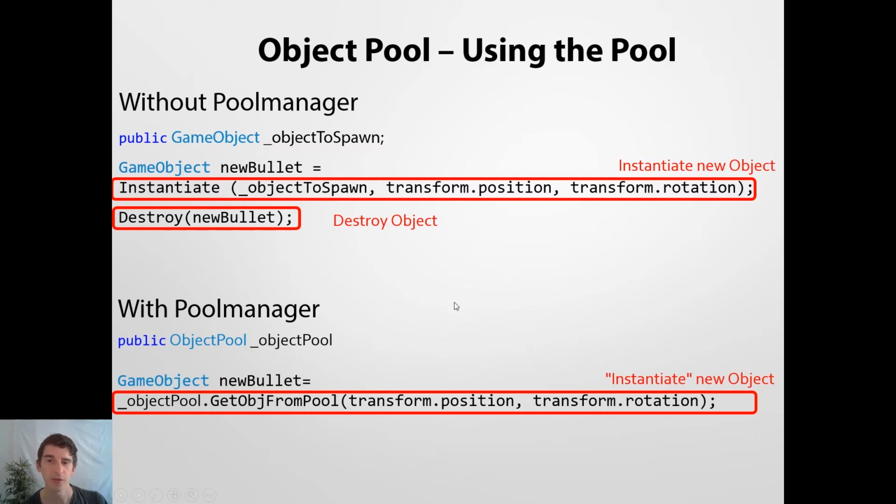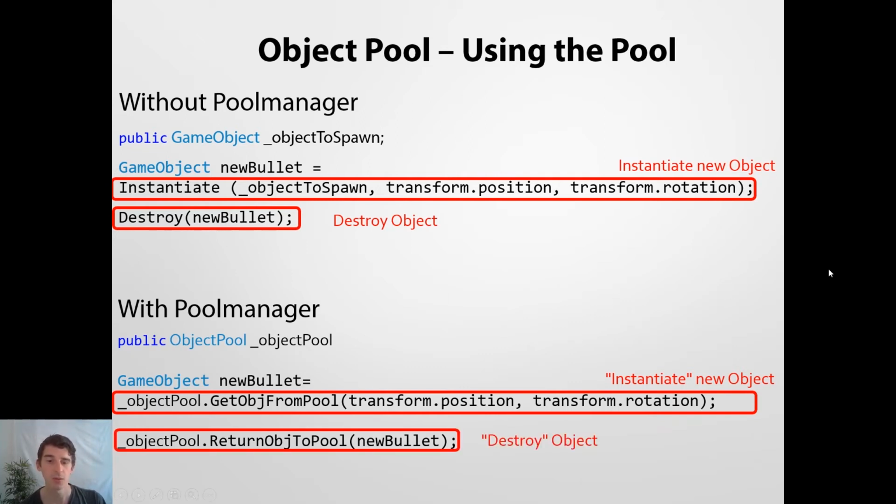So it's no big difference to use. And if we then no longer need it, we call ObjectPool.returnObjectToPool, which is also very similar to the destroy method here. So yeah, and this destroys the object. It really doesn't really destroy it, it just deactivates it and lets it be able to be used at a later time. And this is really all there is to know about the basic implementation of this design pattern.